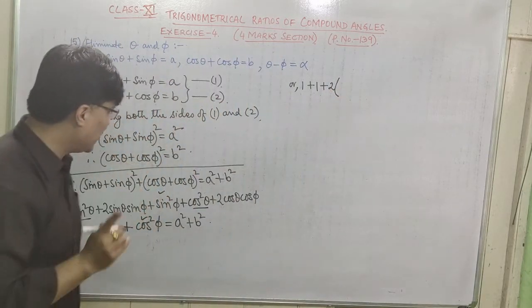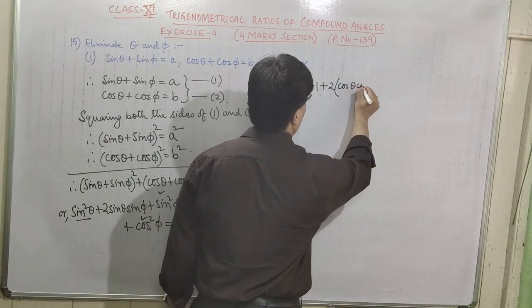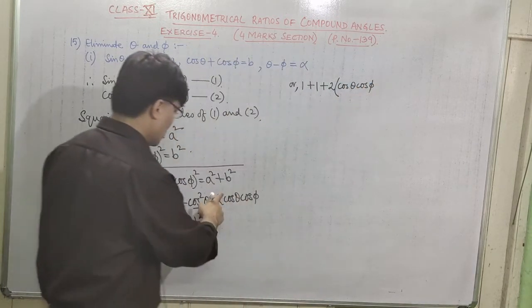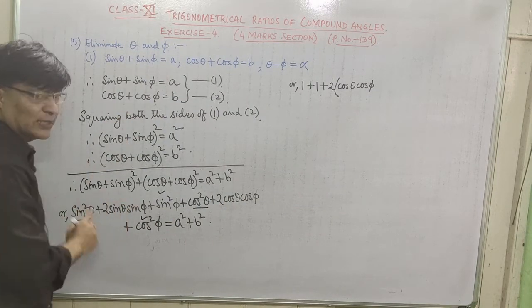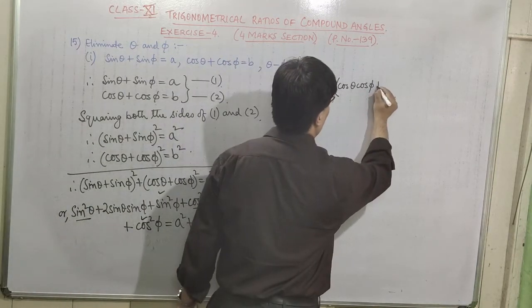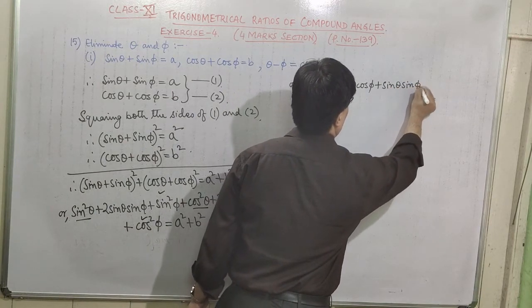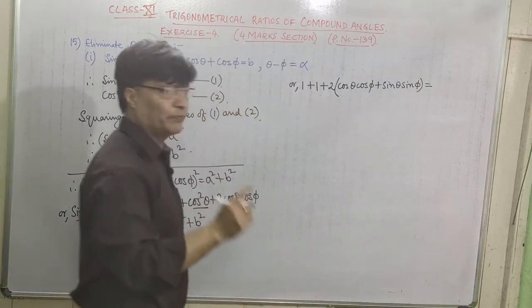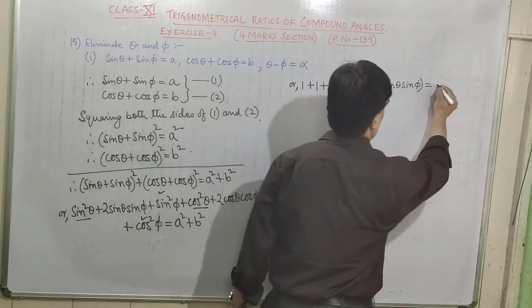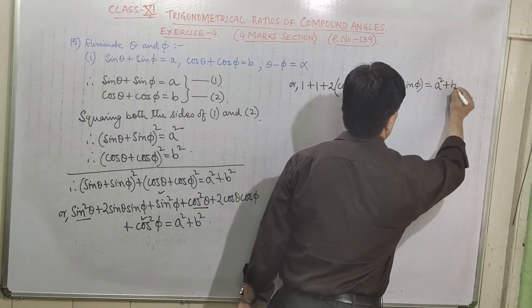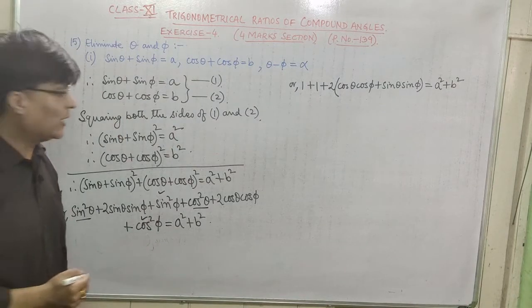Within the bracket we get cos theta cos phi plus sin theta sin phi, which is equal to, on the right hand side, A square plus B square.